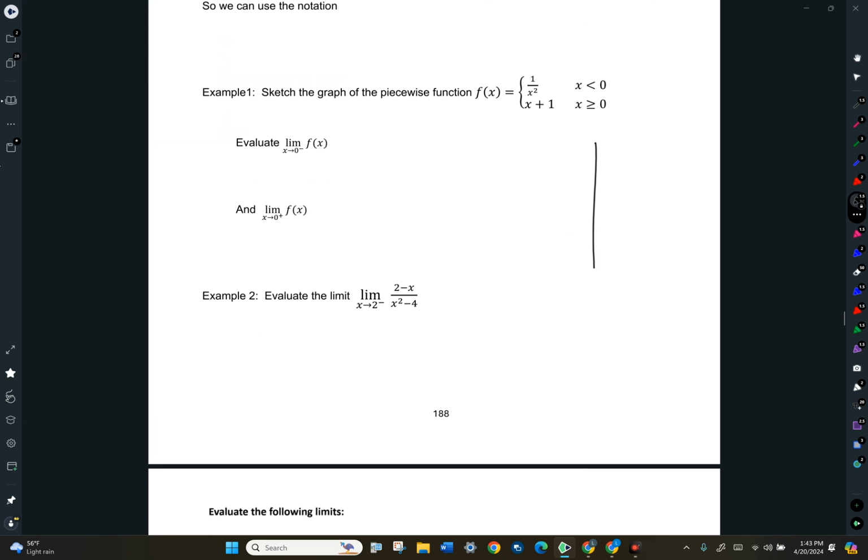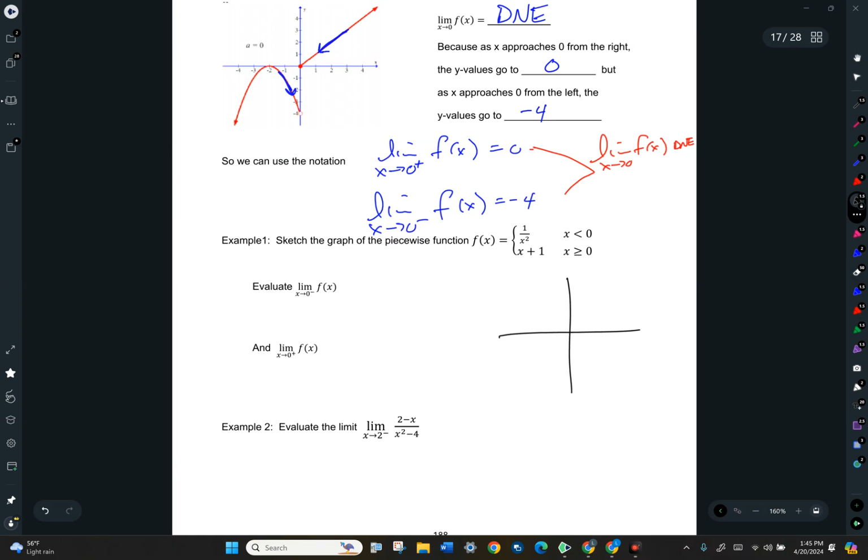Well, all right, so I have two pieces. So on the right side, I'm sorry, let me back up. On the left side of 0, okay, so we were talking about graphing this piecewise function.